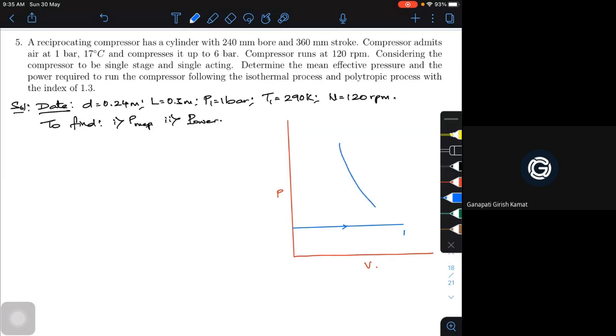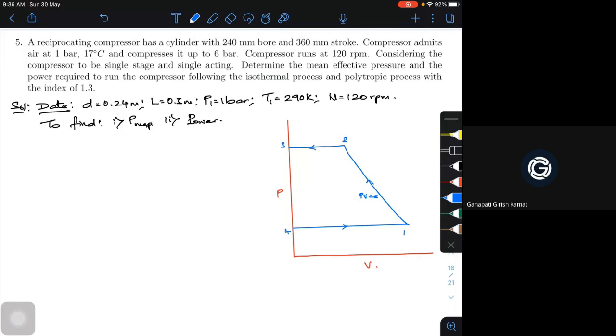Suppose this is my isothermal process, that is the blue color one. This is PV equal to constant. This is 1, 2, 3 and 4.